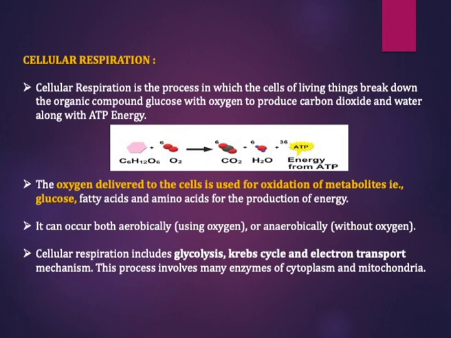This ATP is nothing but the currency of the cells, which is used by our body for regular activities, whatever we do. So, the energy is utilized by the organism, and the carbon dioxide generated as a byproduct will be eliminated again through respiration.